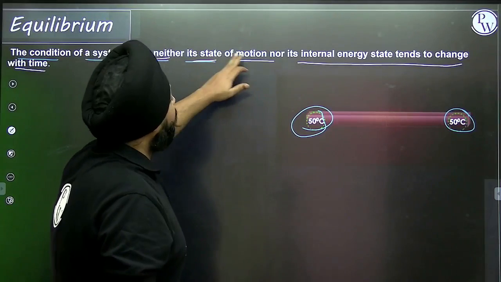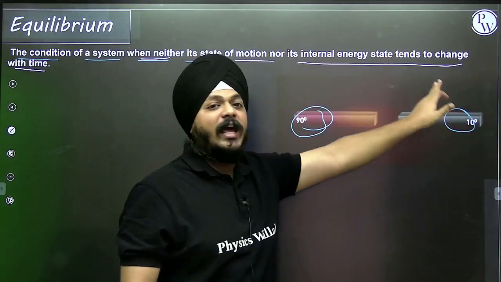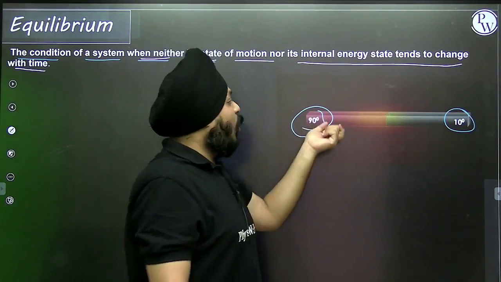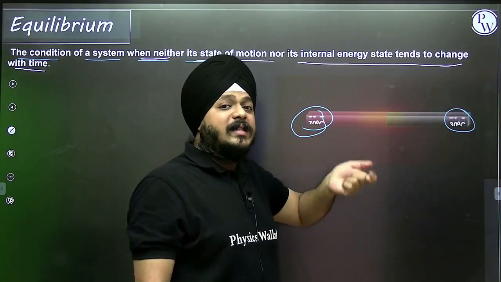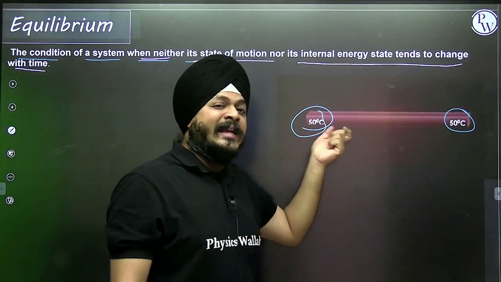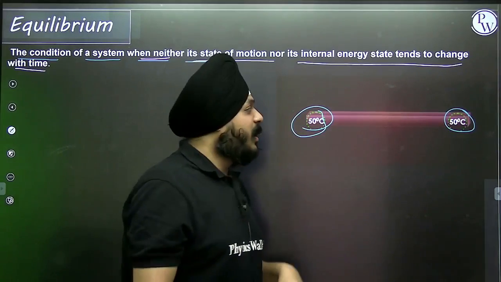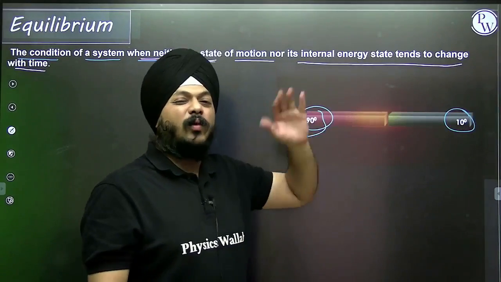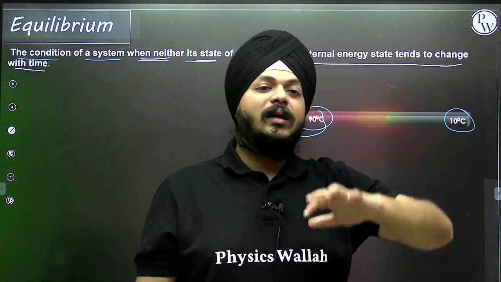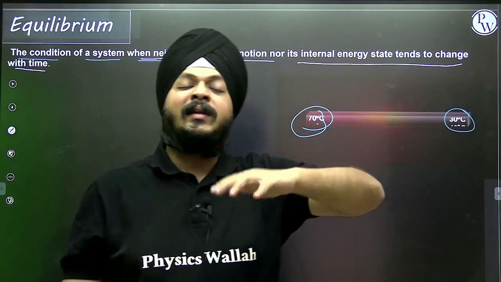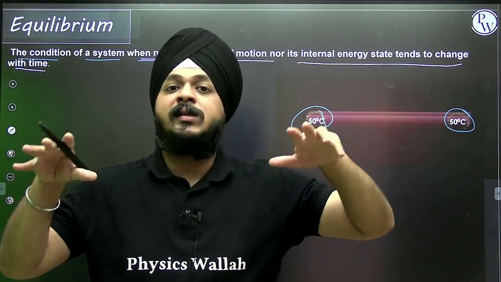In this case, the state of motion of the particles and the internal energy are both not going to change.